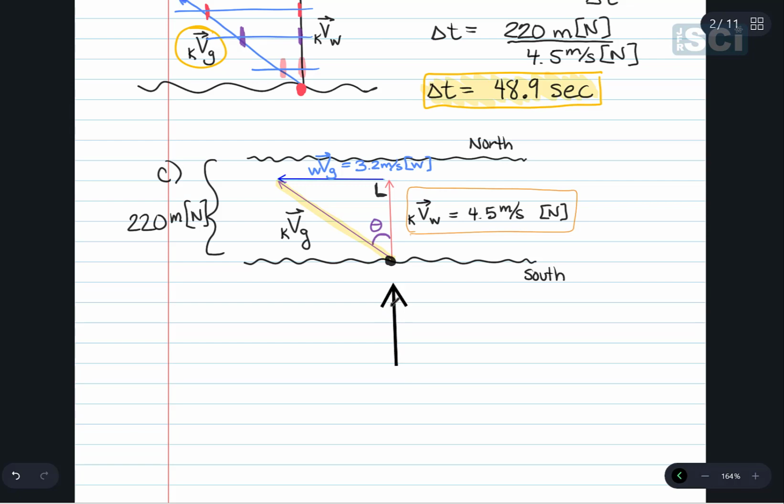So that displacement of 220 and this piece here will have the same angle on the inside. So this theta that's here will be the same. I can take the speed part here. That is also the same relative scaled length to 200 meters, and it will be in the north direction. Right? So there's two approaches that we could do here. I know the angle.